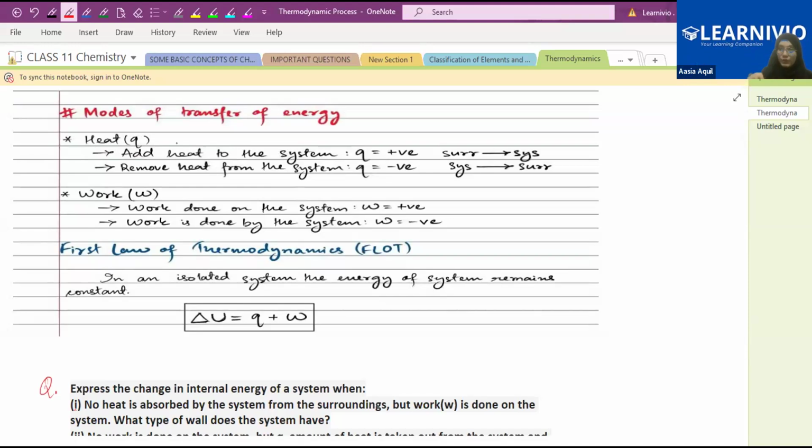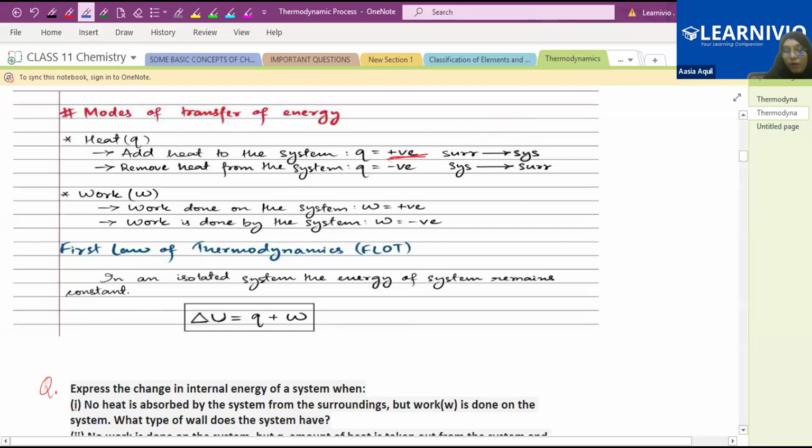So when heat is absorbed by the system, the heat is positive, and it means the heat has been transferred from the surrounding to the system. Heat कहाँ से कहाँ transfer हो रहा है? From the surrounding to the system. So that's why the value of heat is positive. Q is positive. This is very important.